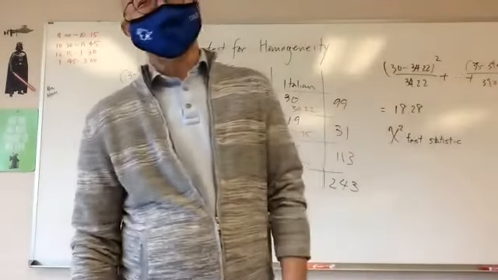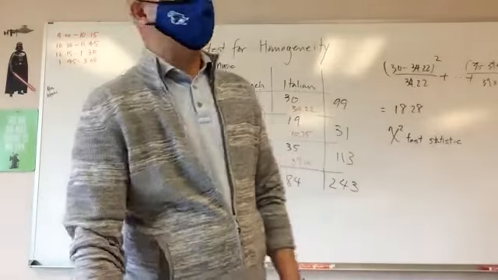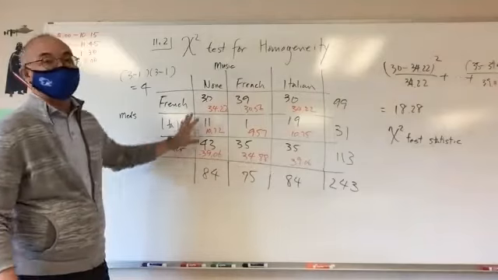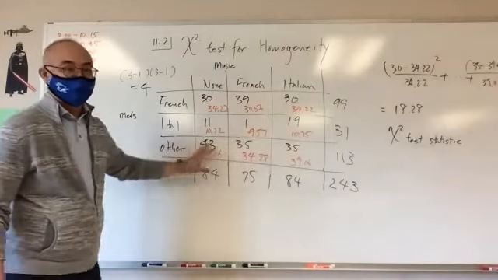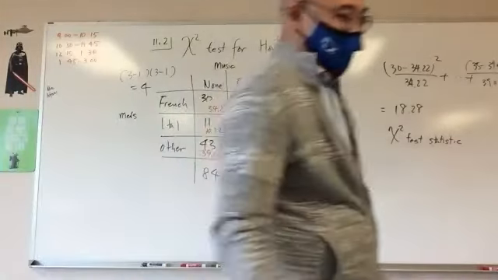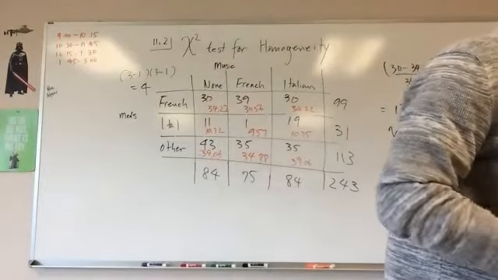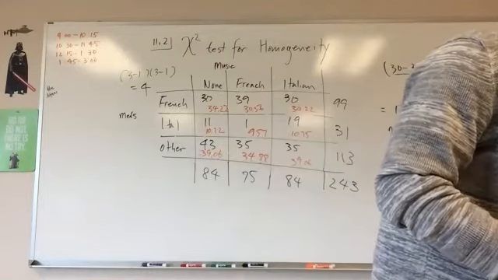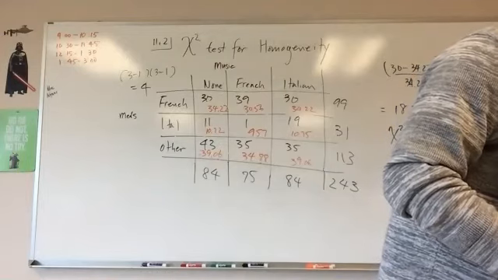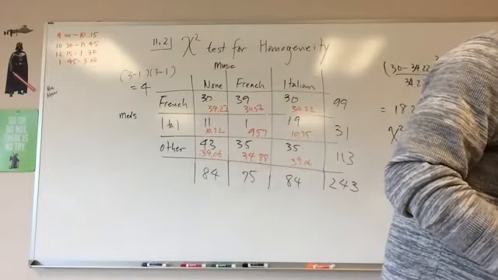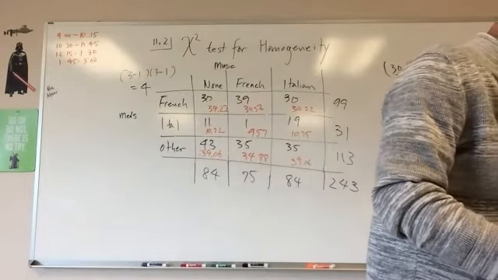Oh, God. So you're going to input this in a matrix format. It's going to be a 3x3 matrix. So you have to input it as a matrix, and then you flip the page. You're going to make a matrix A, 3x3, and then you're going to enter 30, 39, 30, 11, 1, 19, 43, and so on.